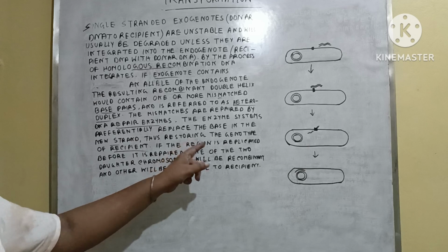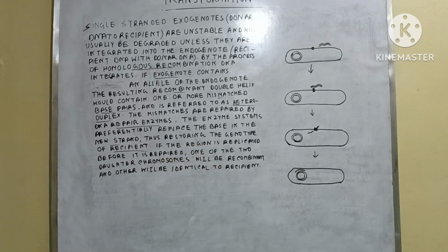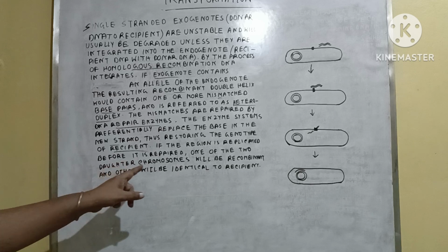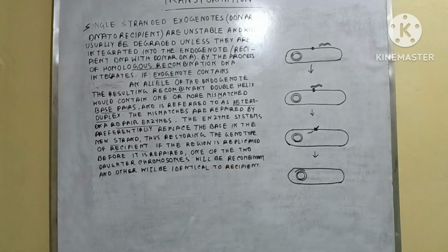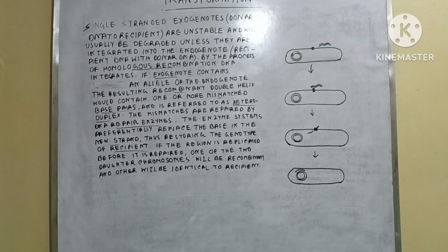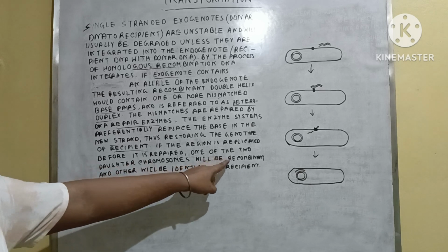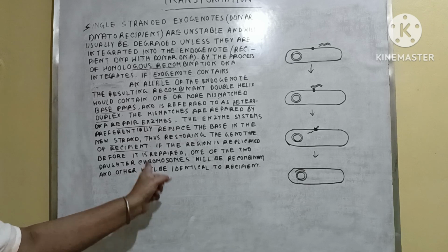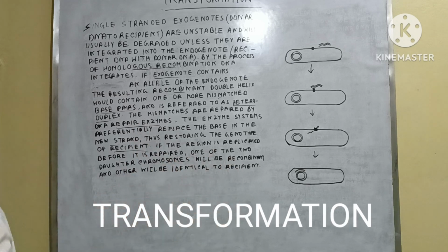And if the region is replicated before it is repaired, one of the two daughter chromosomes will be recombinant and the other will be identical to the recipient. So without repair, if replication occurs, one daughter chromosome is recombinant and the other is identical to the recipient.